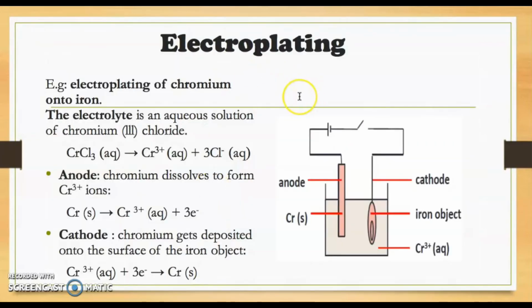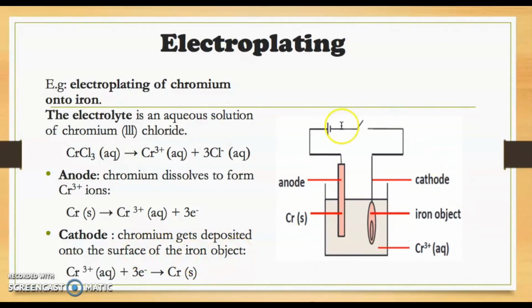This is the electroplating of chromium onto iron. The electrolyte is an aqueous solution of chromium 3 chloride. So this is the equation. Anode, chromium dissolves to form chromium 3 ions. Cathode, chromium gets deposited onto the surface of the iron object.